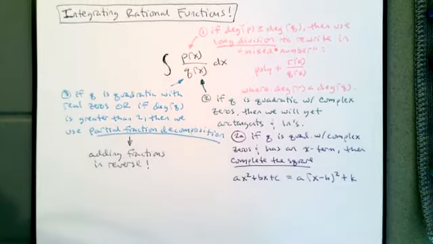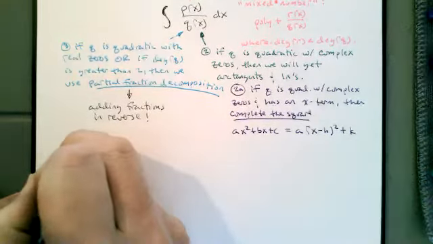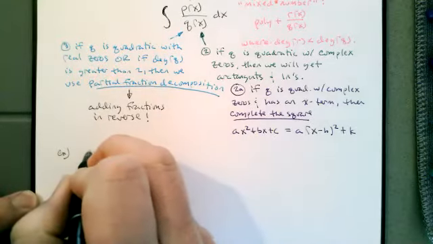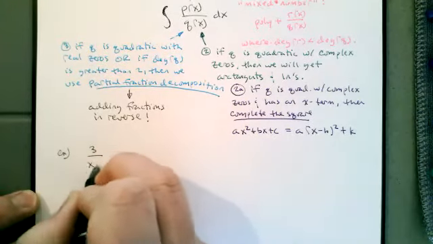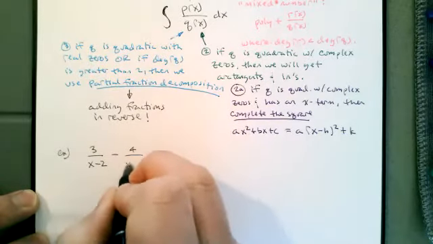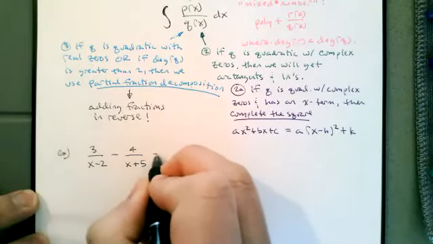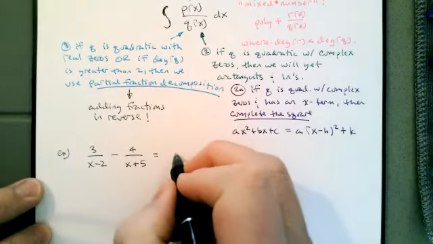So yesterday, we had an example where we were adding fractions. If I take something like 3 over x minus 2 minus 4 over x plus 5, this is the one that we would want to integrate. But in the integrating rational functions game, the sum is what we will end up integrating.